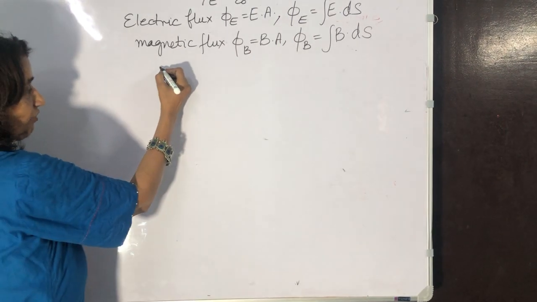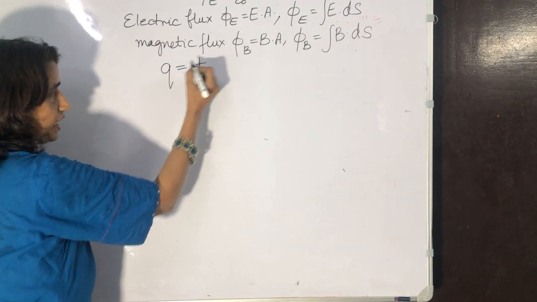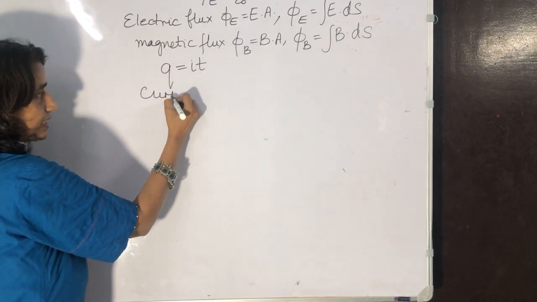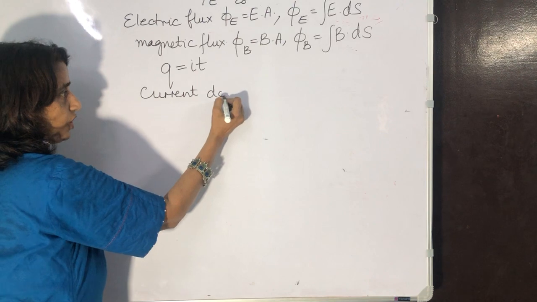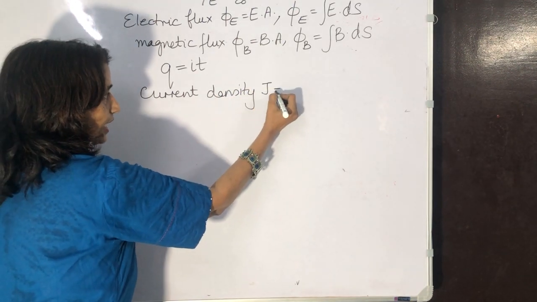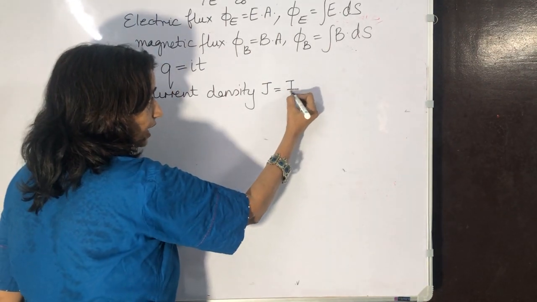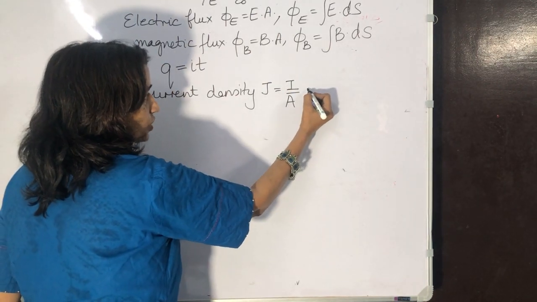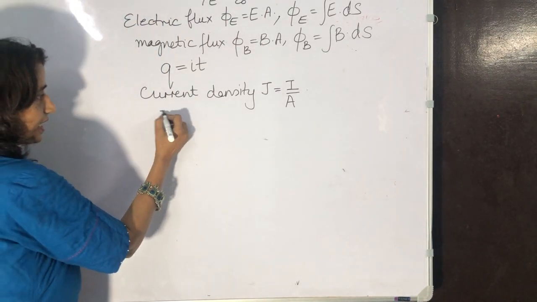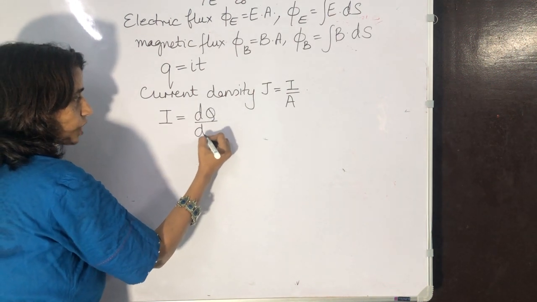Then very famous formula, charge is equal to current into time. Current density, this term will come a lot in your EMT theory. Current density J is equal to I upon A, which is current upon area. Next, current is variation of charge.